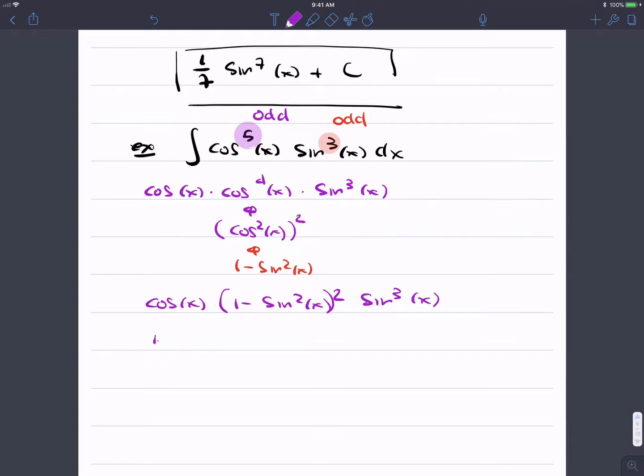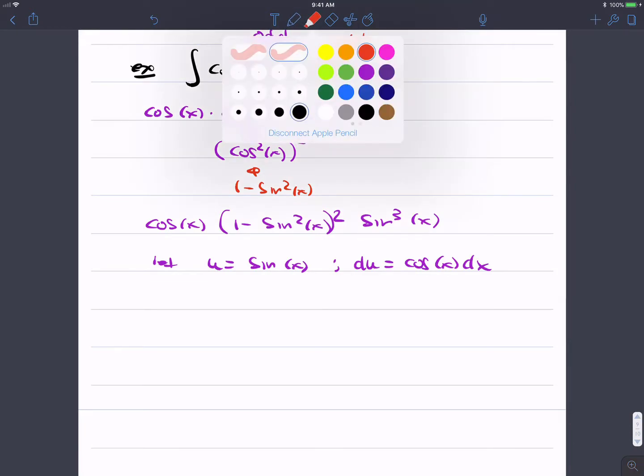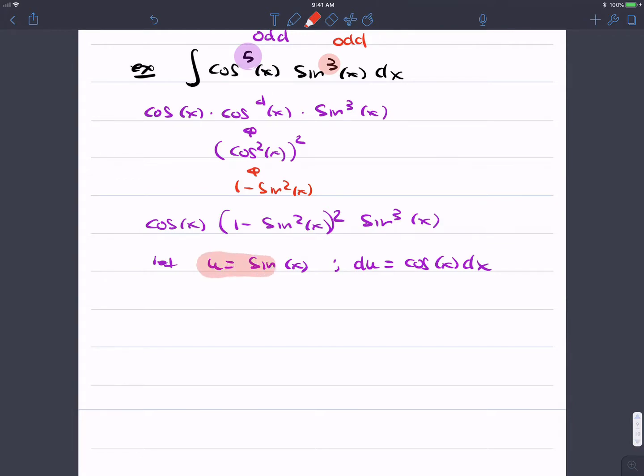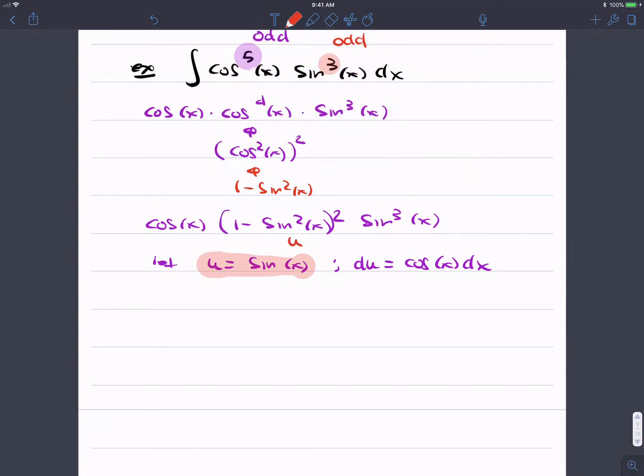I'm going to let u be simply sine. If that's the case, the derivative of sine is cosine. I'm going to plug everything in. If u is sine, wherever there's a sine, I replace it with u. Here and here. Here's what I end up getting.